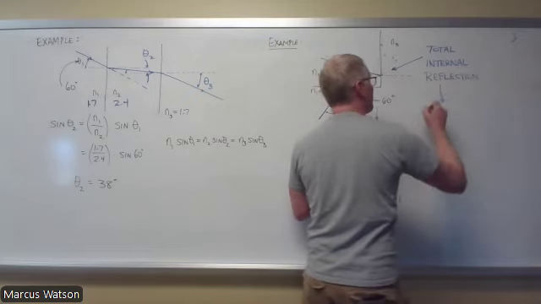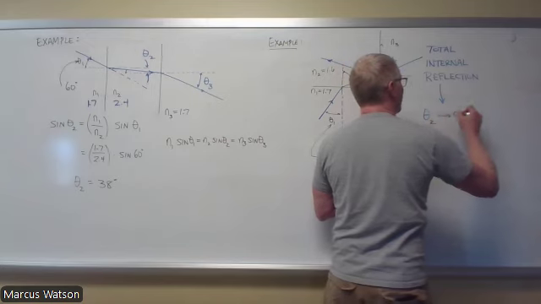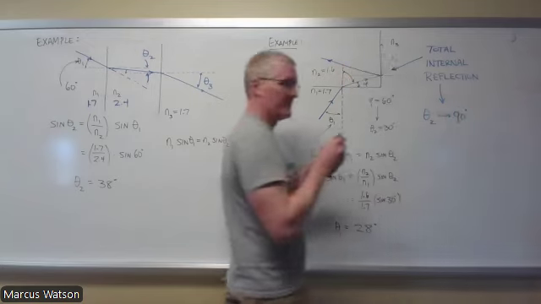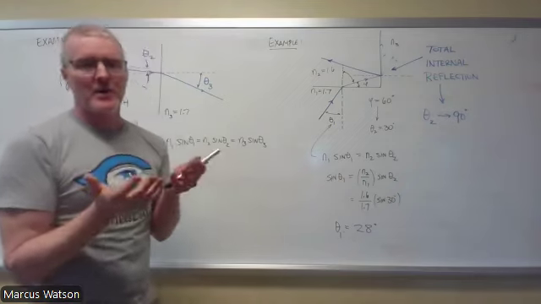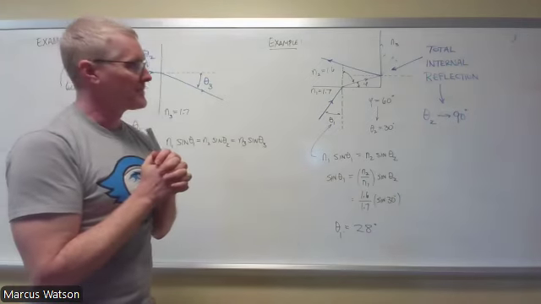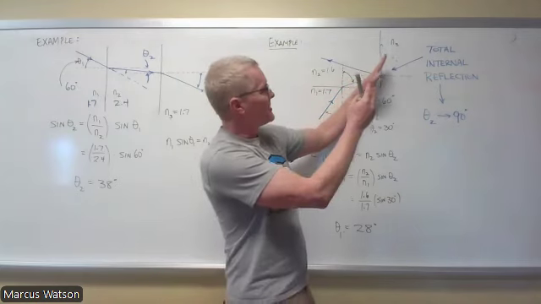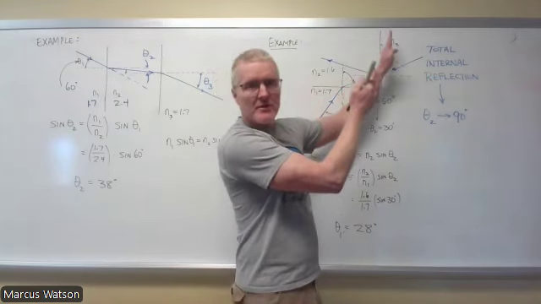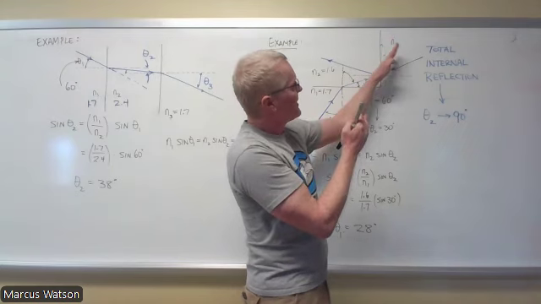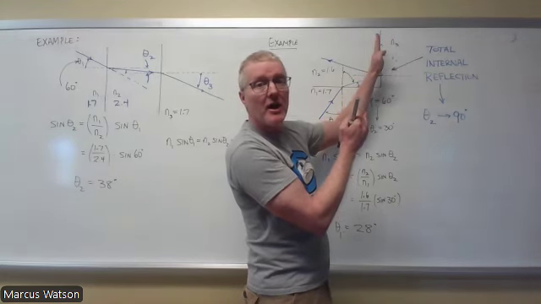Because what's happened is theta 2 has gone to 90 degrees. The refracted ray has gone to 90 degrees. That's what I mean when I draw these refracted rays, that I turn the material and I turn it and I turn it, and the refracted ray goes, and then it's gone.